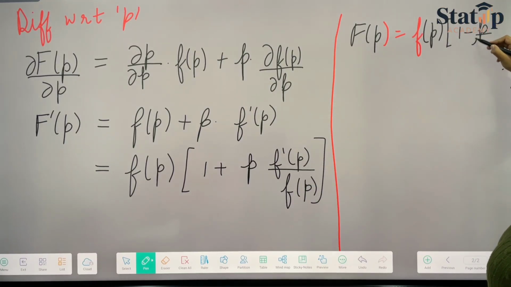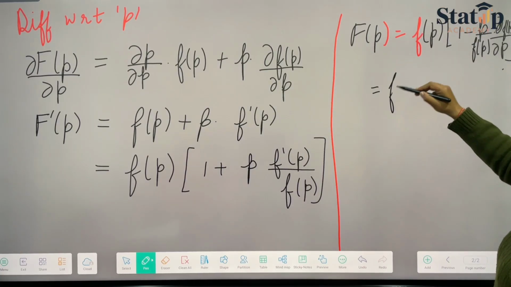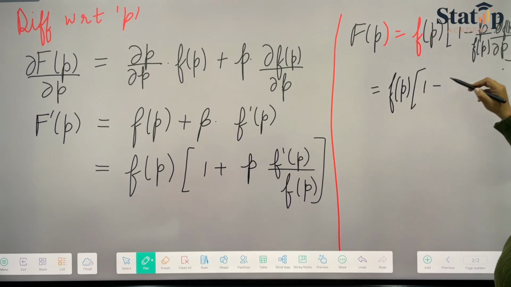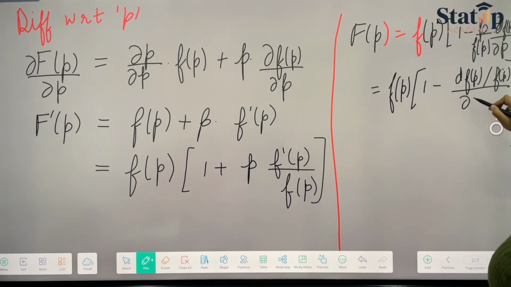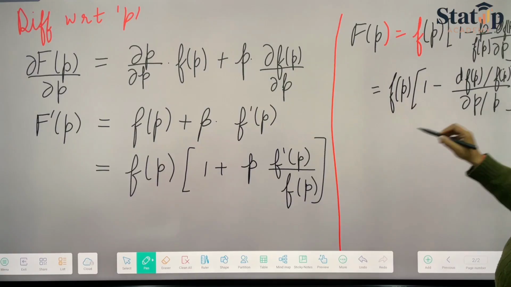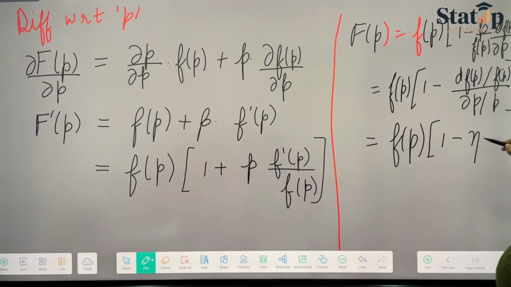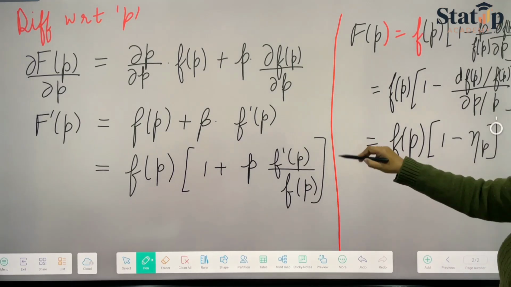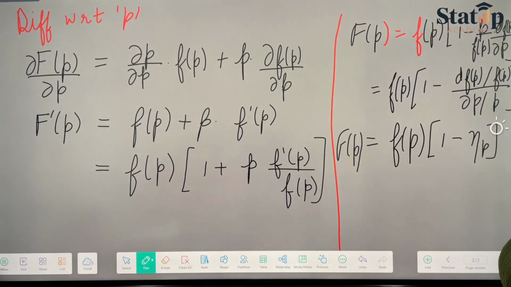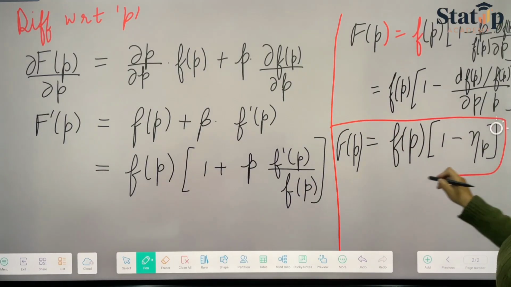We can write f(P) upon f(P), and f'(P) can be written as d of f(P) upon d of P. Now this can further be taken as f(P) bracket 1 minus d f(P) upon f(P) and dP upon P, which is nothing but the price elasticity of demand. We can write it as eta P. So this is the equation of market turnover at price P.